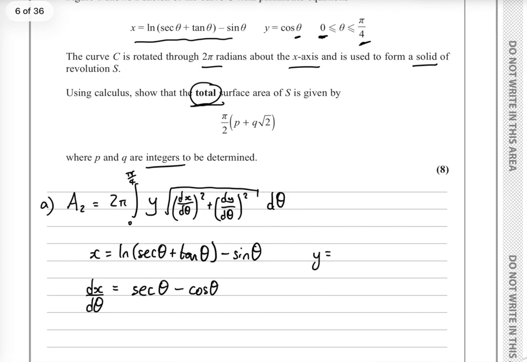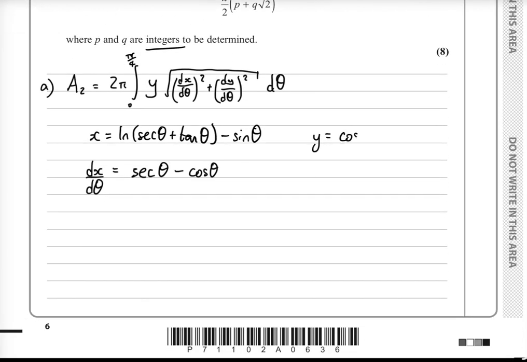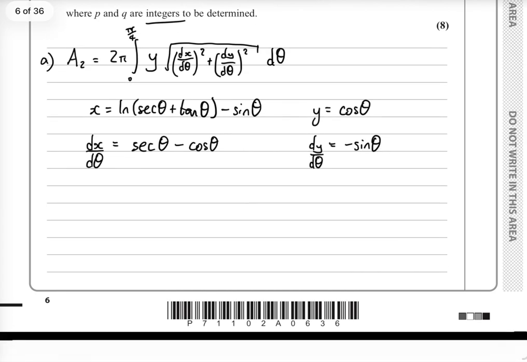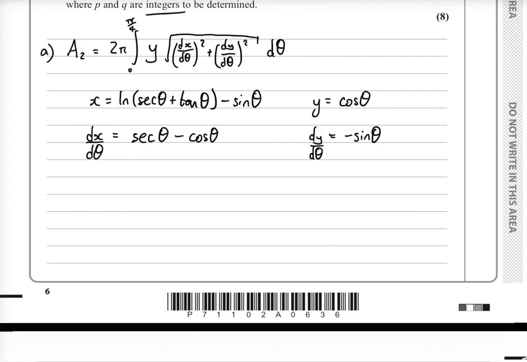Then y is equal to cos theta. So that's minus sine theta there. Now we need to square them. For this I'm going to manipulate this a little bit because secant is 1 over cos. So if I combine those by doing this, then we get 1 minus cos squared in the numerator, and 1 minus cos squared is sine squared theta over cos theta.